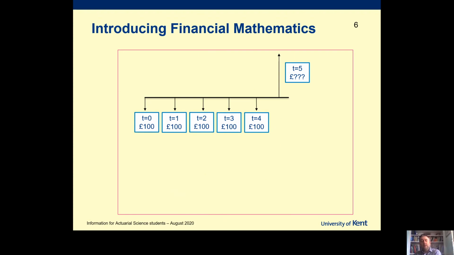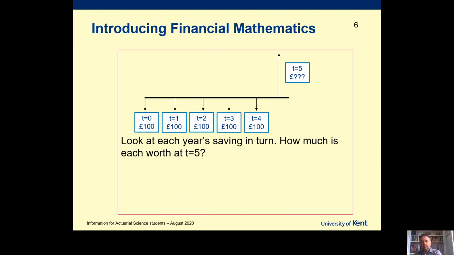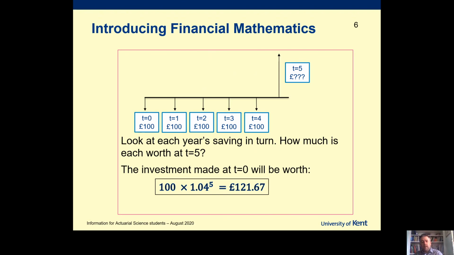So a way to do that is to look at each of these payments we've made separately and work out how much each of those separate payments would be worth, and add them all together at the end. Okay, so that first payment gets 5 years' worth of interest. So we know that payment itself will have grown to £121.67.